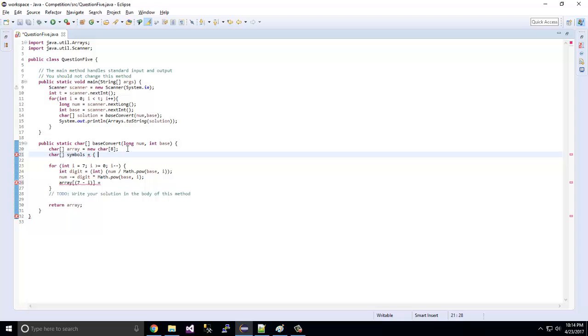So the 0th index of symbols will be the character that represents the digit 0. So the 10th element of symbols, the element at index 10, will then be A. So we can just index directly into symbols as a way to get back out the correct character for that. So for 0, we'll get 0, 1 will get 1, 2 will get 2, all the way up the list.